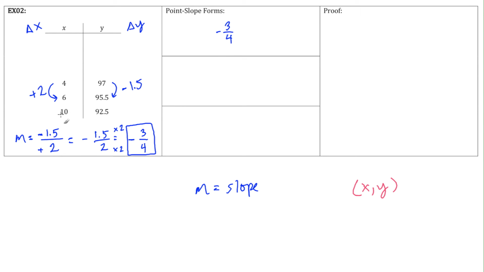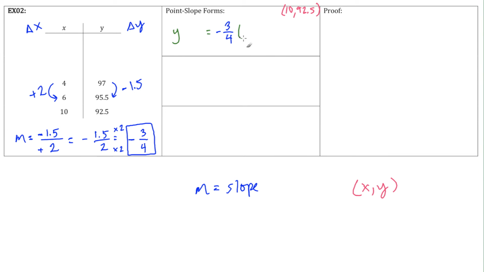And I'm going to choose, I don't know, any of these really. So 10, 92.5. I'll use that one. So I'm going to write the rest of this like this.